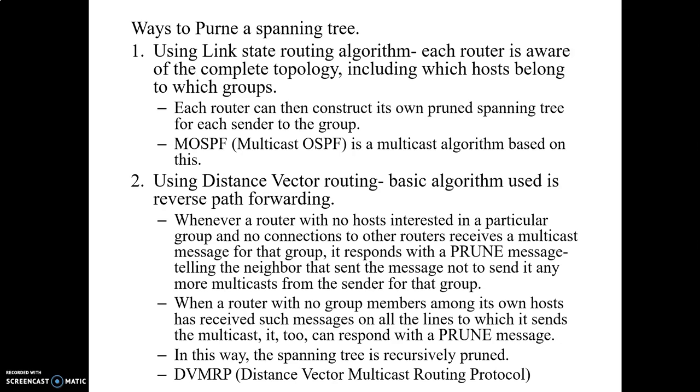The other way to prune a spanning tree is to make use of the distance vector routing algorithm. We have studied this algorithm also, wherein every router sends a vector to its neighbor.